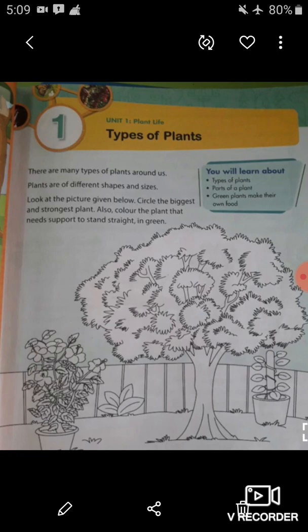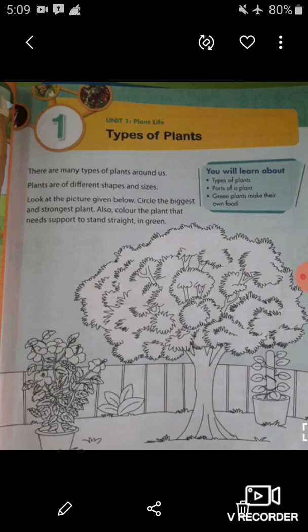Now look at the picture given below. Circle the biggest and strongest plant. Also, color the plant that needs support to stand straight in green. So students, here you have to circle the biggest and strongest plant. The tree is the biggest and strongest plant, so you have to circle the tree.